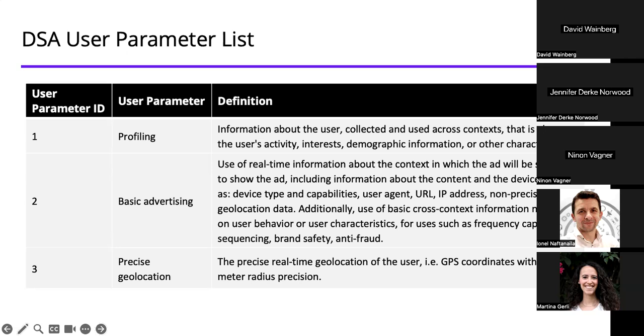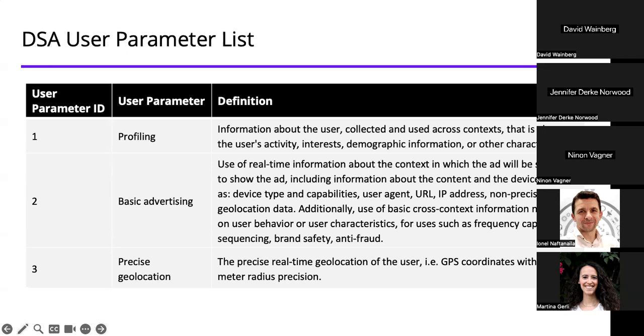And so then the question is, how do these enumerated parameters, this key piece of data, actually get communicated? For the MVP solution, we are relying on the use of an existing standard, OpenRTB, because most are familiar with this, and it makes implementation a little bit easier for the industry.